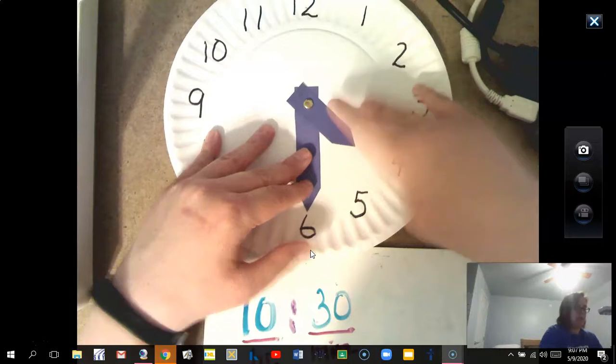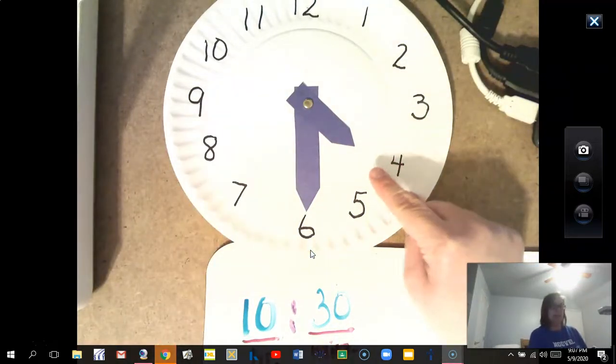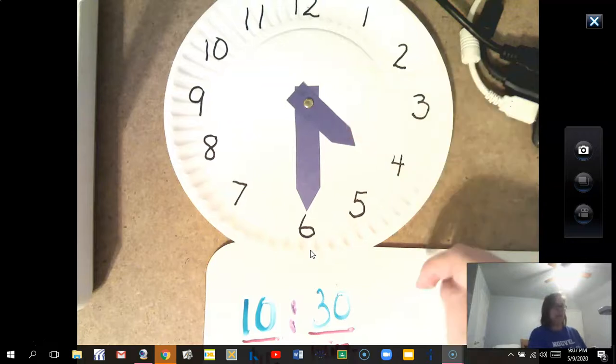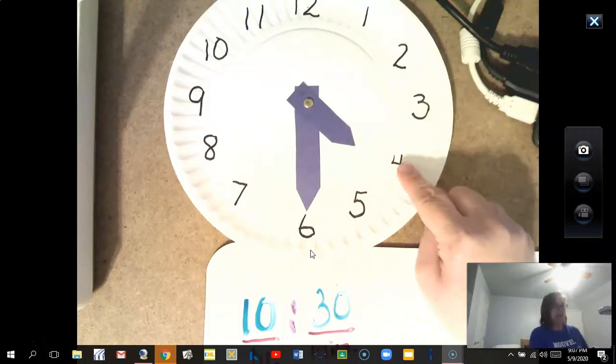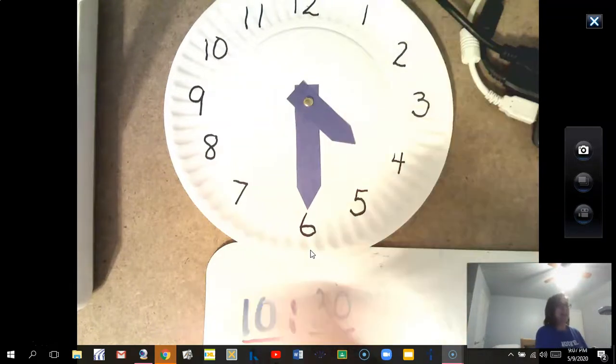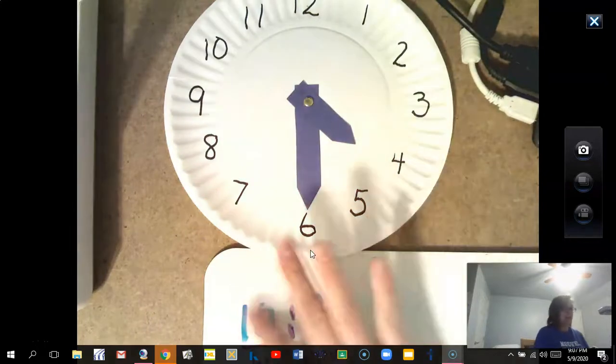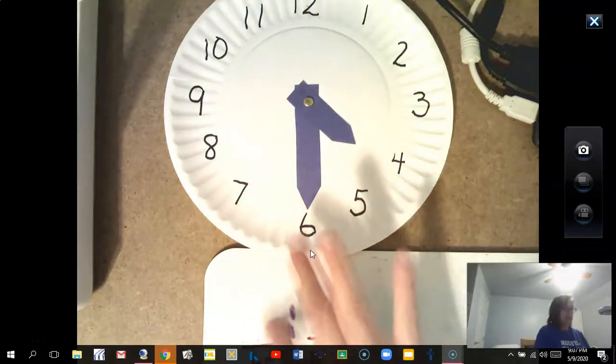Okay, so again, let's look at the hour hand first, which is the smaller one. It is not on the 4 and it's not on the 5. Okay, so we want to remember that it hasn't reached the 5 yet. It goes clockwise, goes to the right. It has not reached the 5 yet, so it is still 4.